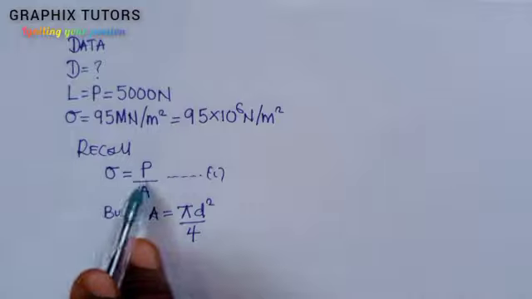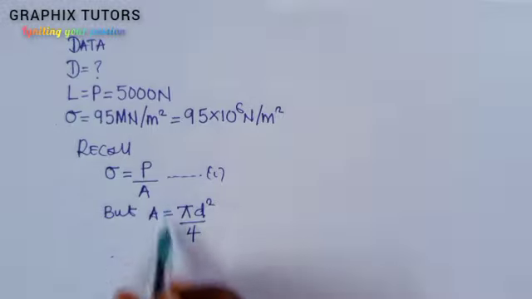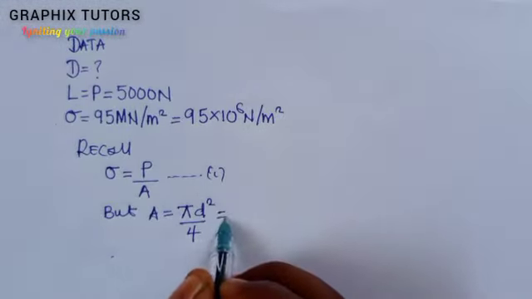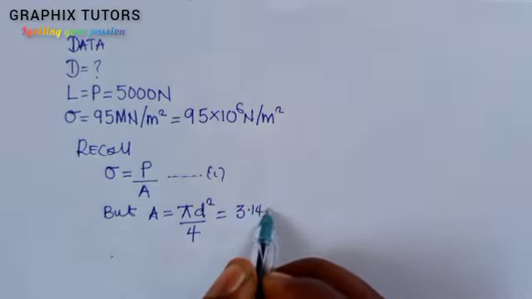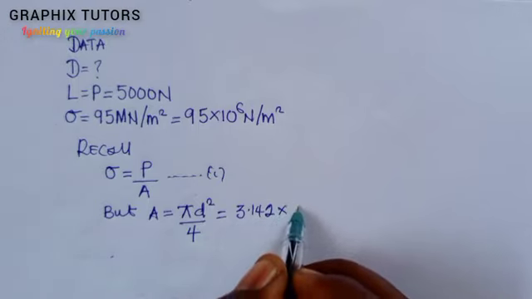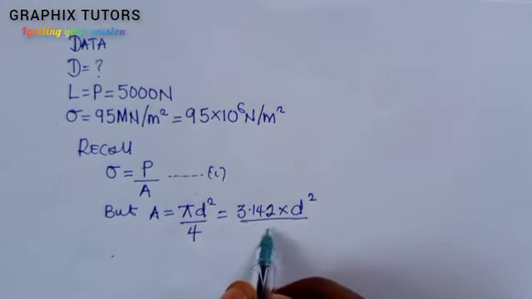Now if I place it into my equation 1, let me just input my data here. This will give me 3.142, since pi is 22 over 7, times D square, which we are looking for, all over 4.